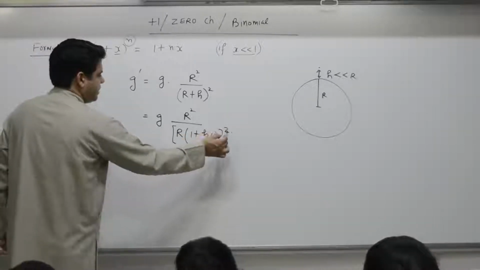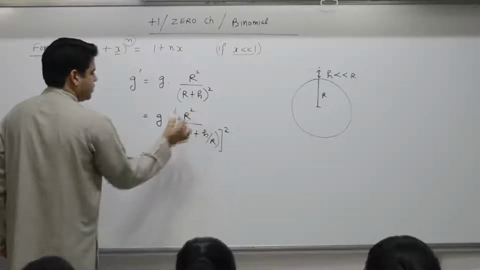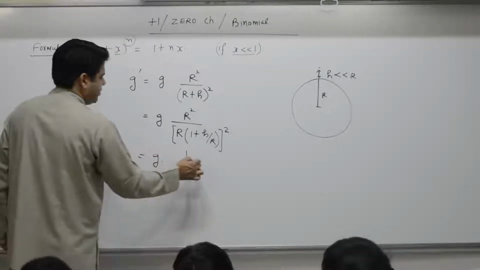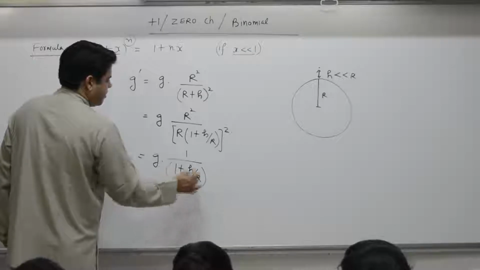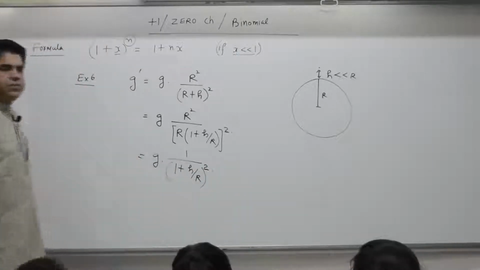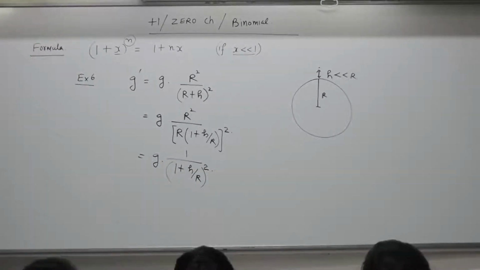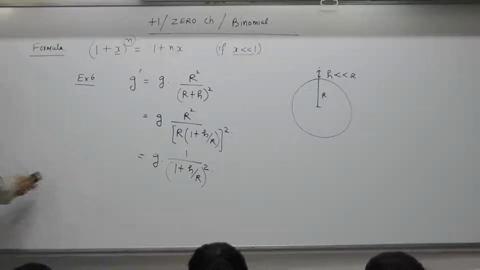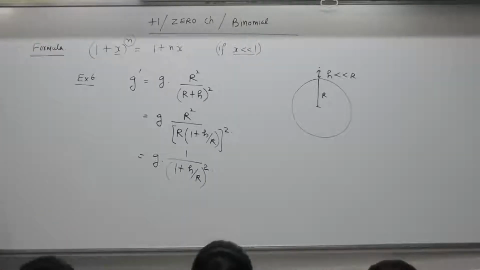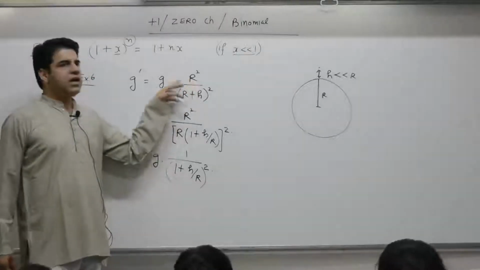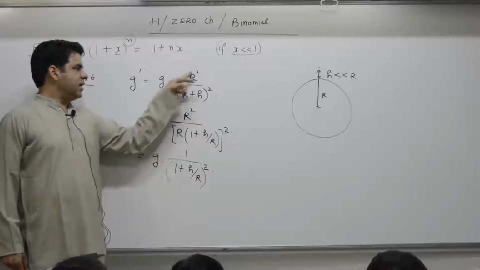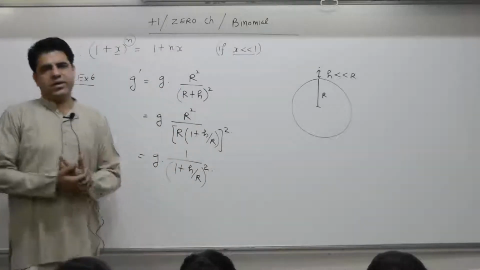So if you take this power 2 here, R square, this is also R square, what you get is g over 1 plus h by R whole square. Solve up to this one. Is it correct? Up to this part it is correct. I have done nothing, I have only taken R out from the bracket, R square is cancelled, this is where you are.